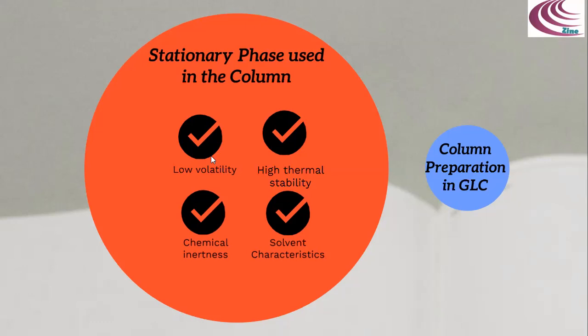The stationary phase in gas liquid chromatography determines the retention time of solute in the column. The solutes having small distribution coefficients do not interact much with the stationary phase and pass through the column so rapidly that no significant separation occurs.